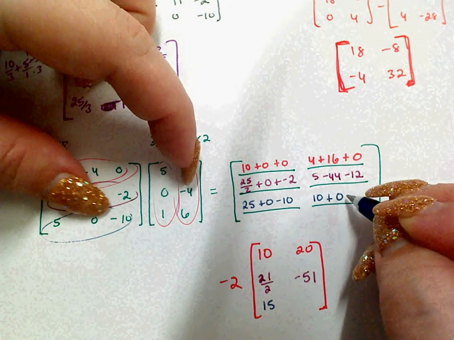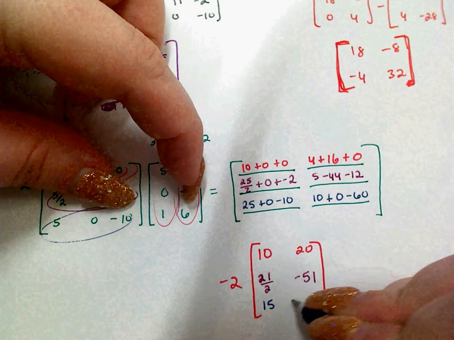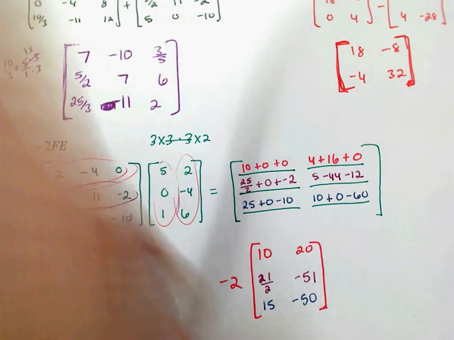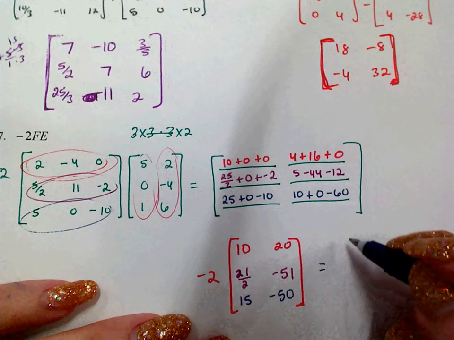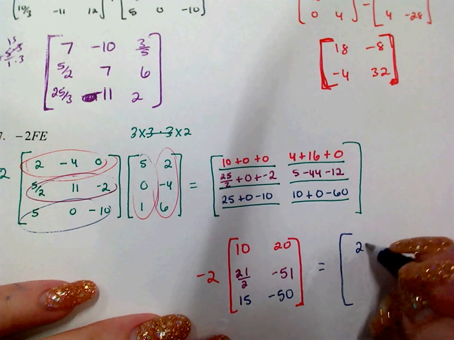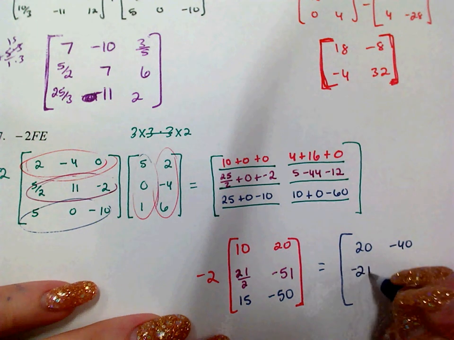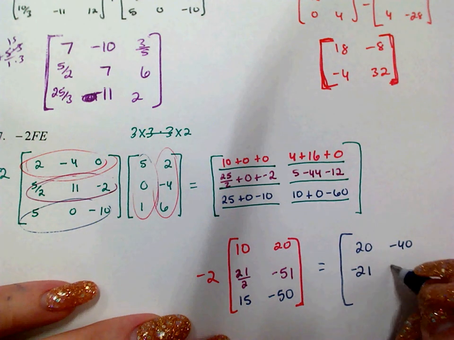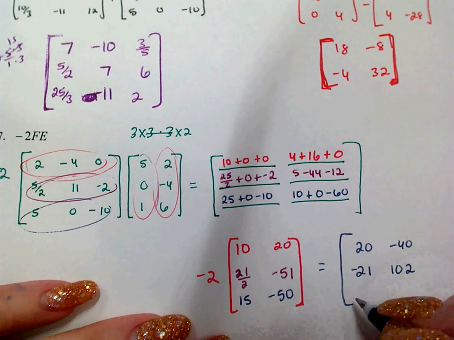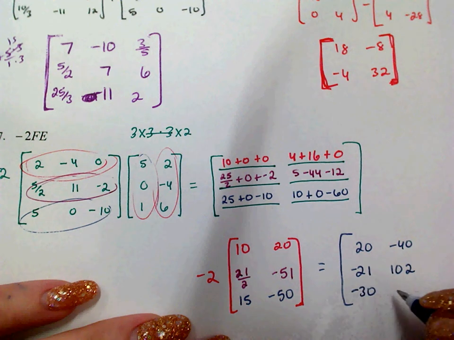So then our final answer is going to be 20, negative 40, negative 21, 102, negative 30, and 100. And let's just make sure on that.